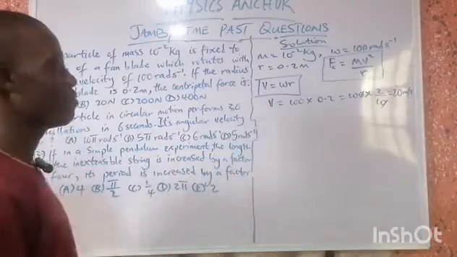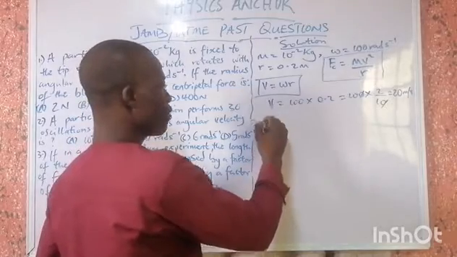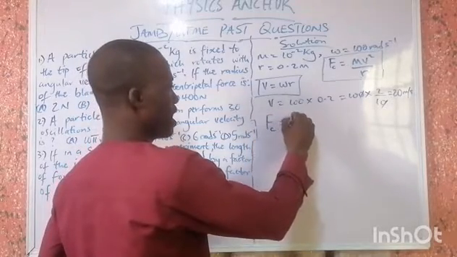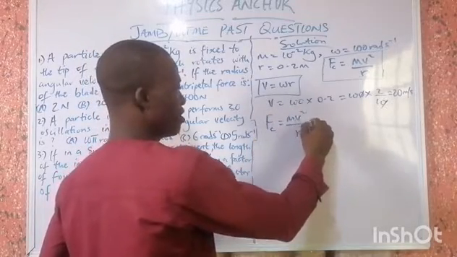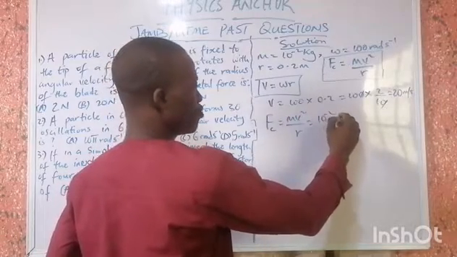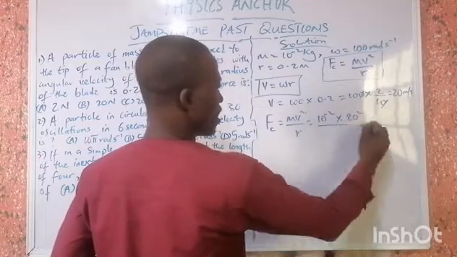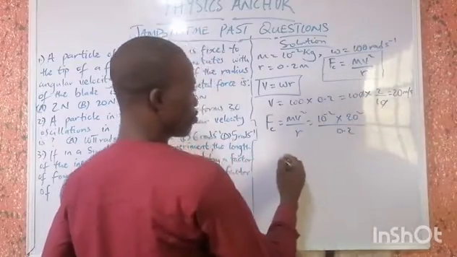Now that I have my linear velocity, I can calculate the centripetal force with the formula mv square over r. That will be mass, which is 10 raised to power minus 2, times v square. My v square is 20 squared, and then my r is 0.2.